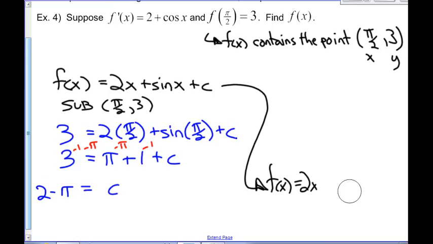That's a plus sine x. Plus that c value, which turned out to be exactly 2 minus pi, or roughly negative 1.14. But that's only possible if you know some point on the integrated function.